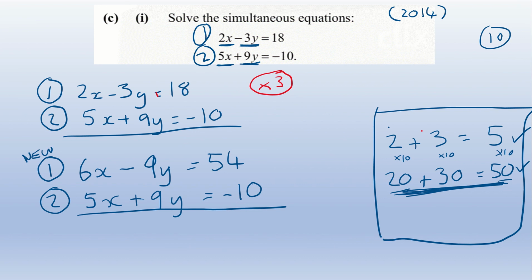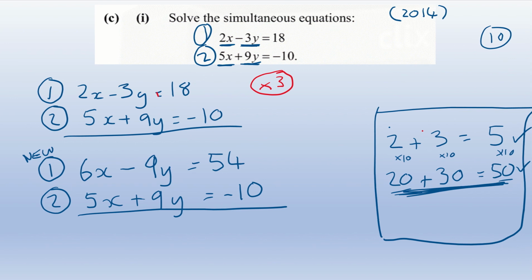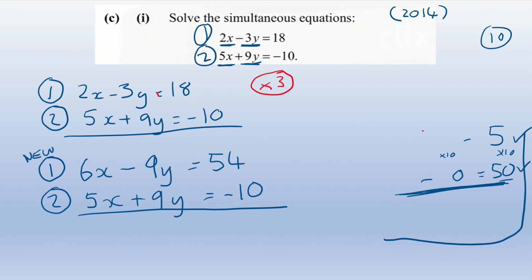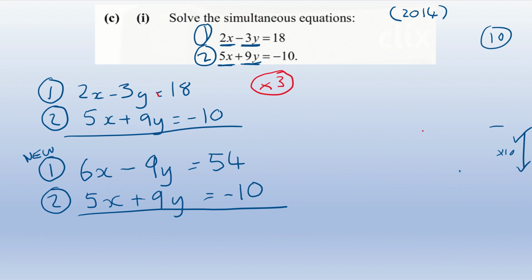Now I'll just take my rough work away, just so I have some space to work. What we have to do now is decide what's the best way to get my minus 9y and my plus 9y away from each other, or in other words, work them with each other so that we get 0.